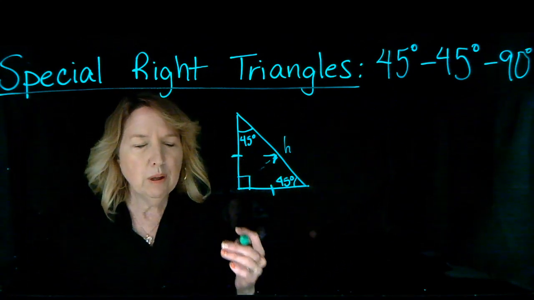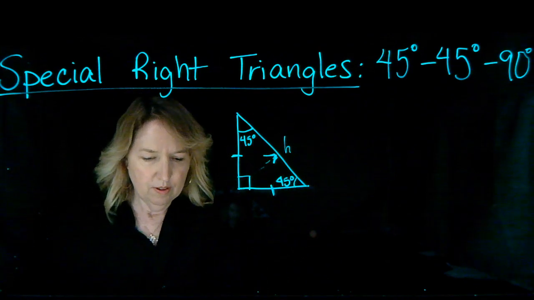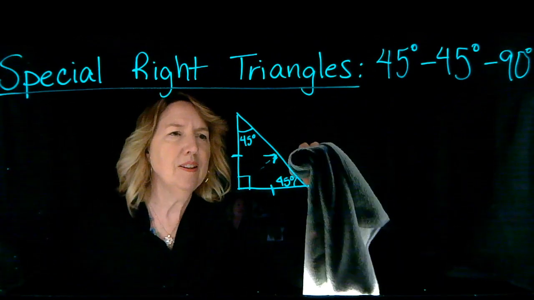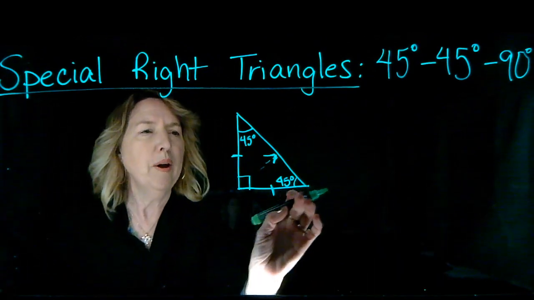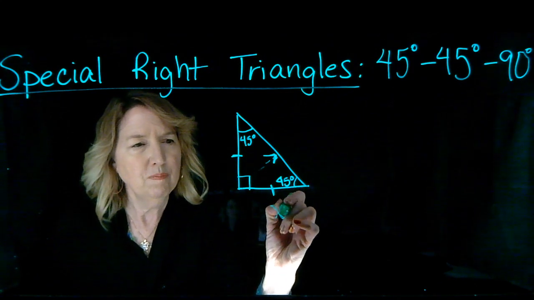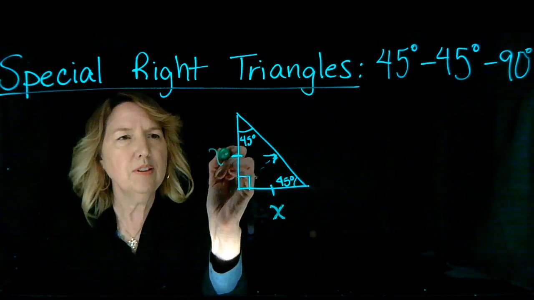All right. The relationship on the sides of this triangle, 45, 45, 90, is thus. Whatever this length is, let's say we don't know, whatever it is, this one is the same.